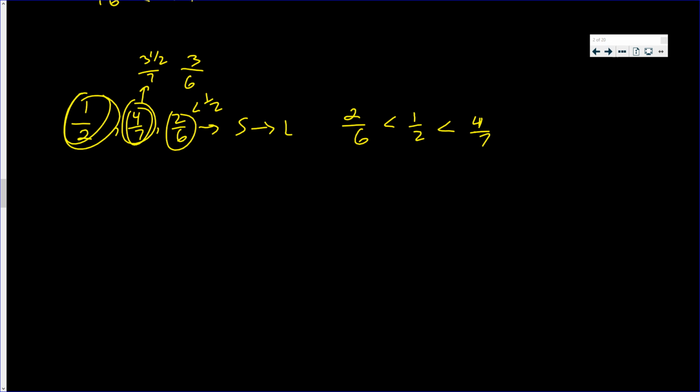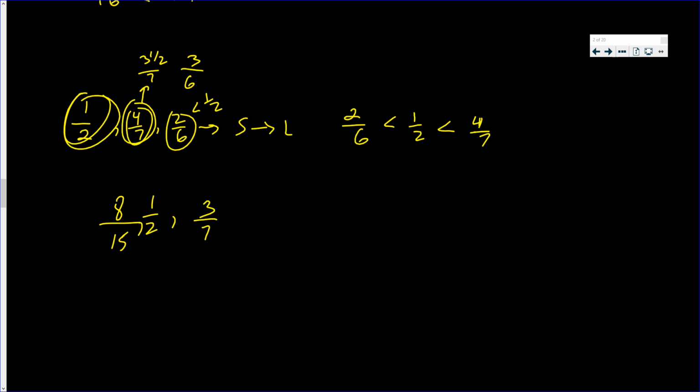Let us try one more problem. Suppose you have, say, 1/2, and you have 8/15, and you have another number over 7, which is 3/7.